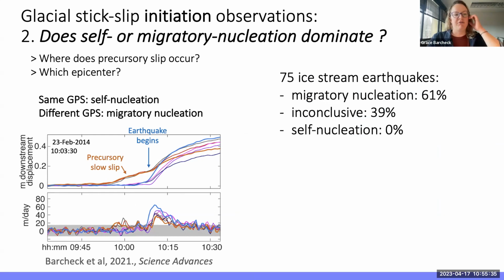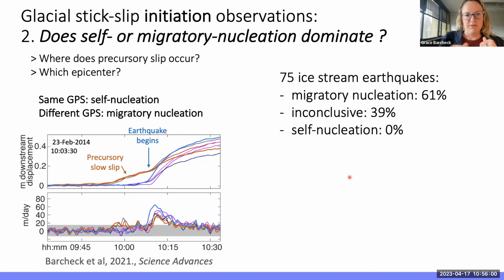And so if we go through and look at all 75 ice stream earthquakes in this data set, and we ask that question, where's the precursor, where's the epicenter? We find that 61% of these earthquakes show evidence for migratory nucleation. 39% of them just don't have good enough data for us to see one way or the other.